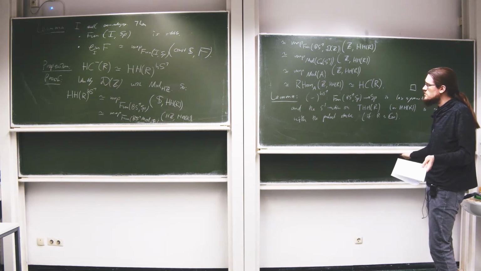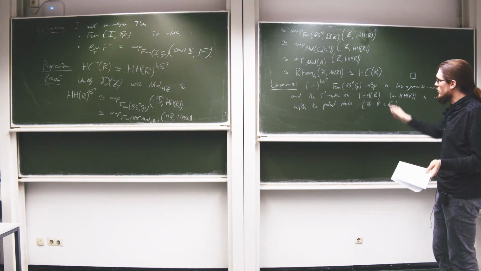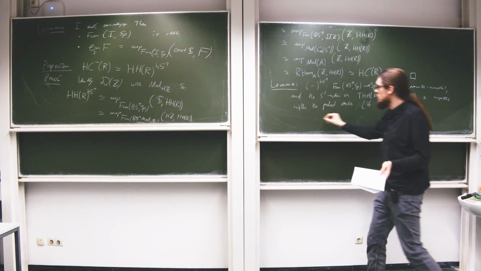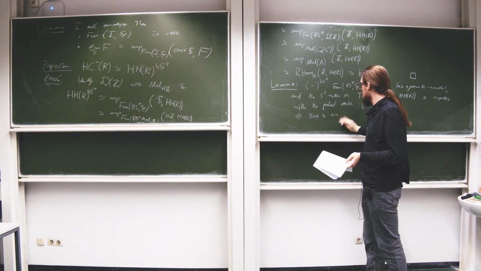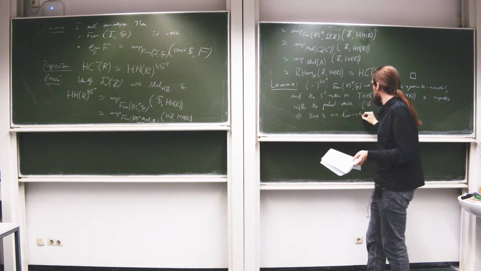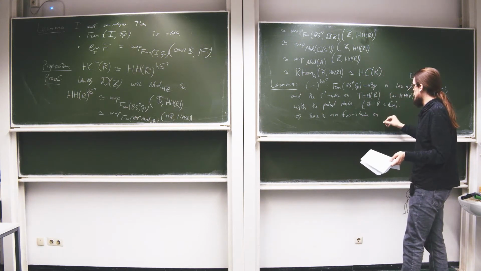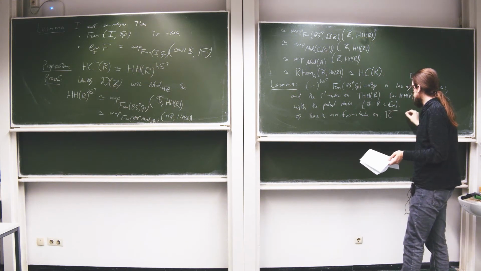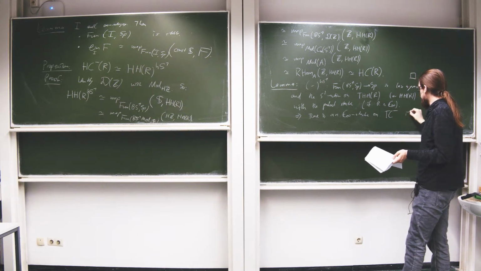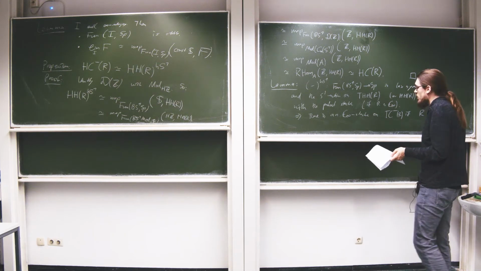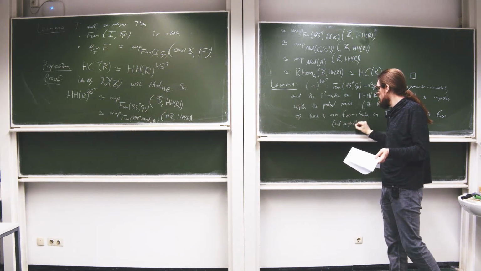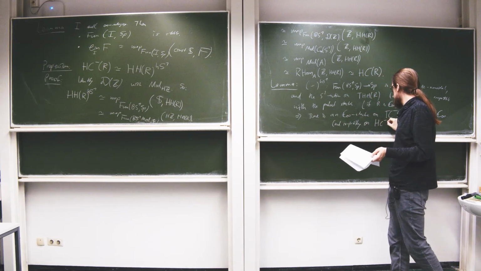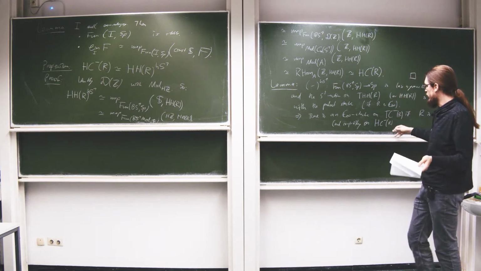And so both of these statements together tell you that there is an E infinity structure on TC minus if R is E infinity, and compatibly on HC minus for an ordinary ring, right?